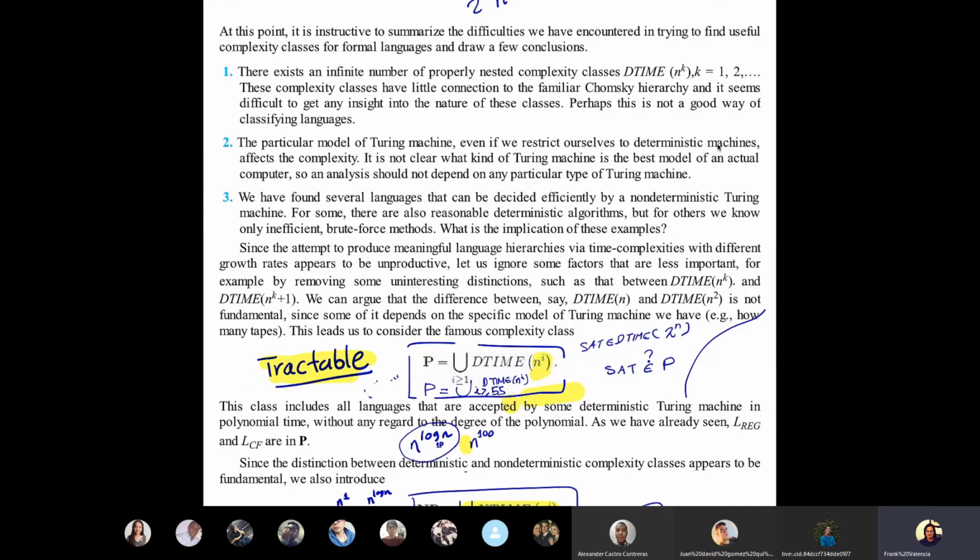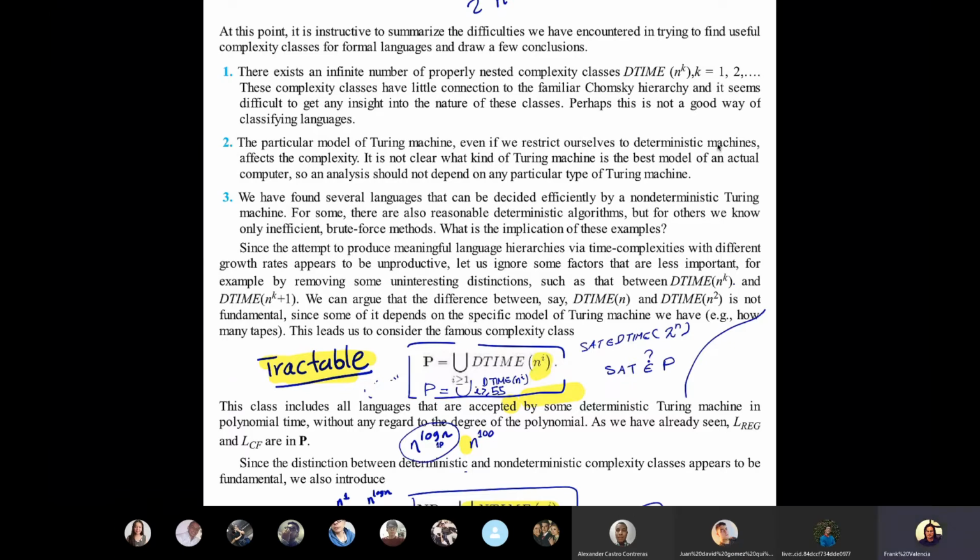There are the ones that are tractable, that means tratable in Spanish, and the ones that are not. The tractable ones are those in polynomial time. So every language or problem that can be decided in polynomial time is tractable.